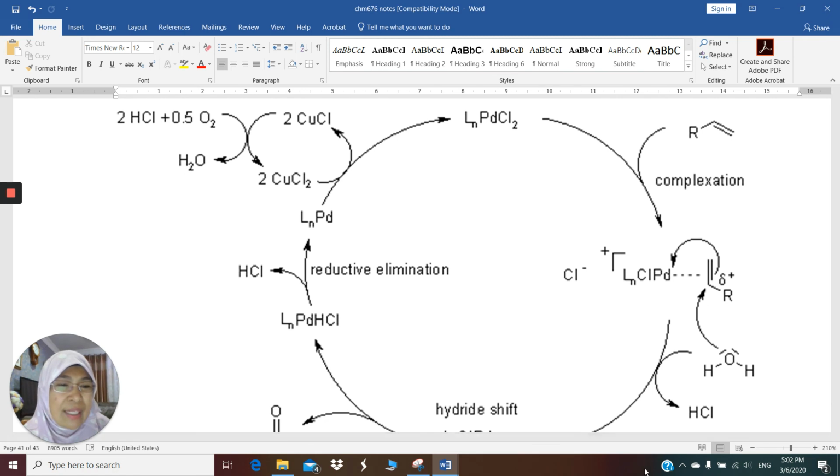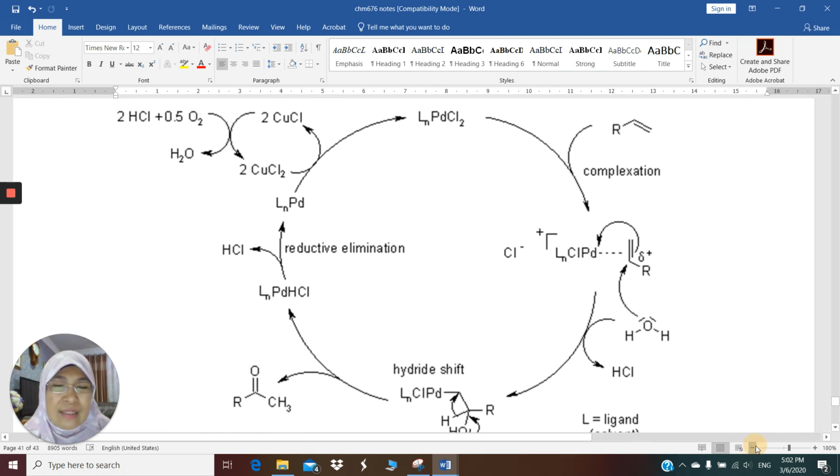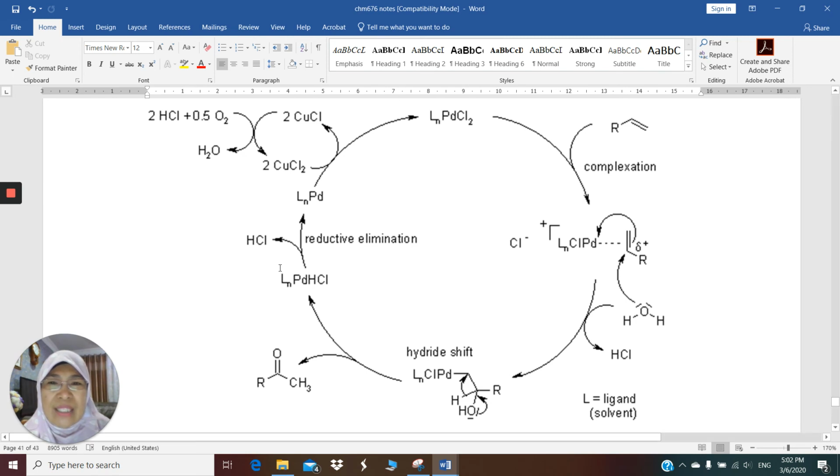So you effectively have two cycles happening. This is the main catalytic cycle, and this is the side cycle where the copper is treating your palladium after the end of this big cycle for the next cycle. So first you have a complexation, and you have a nucleophilic attack through water where HCl is removed, and this is going to create a complex that allows for hydride shift.